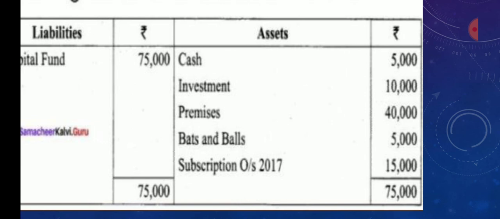So the total value for the asset side is 75,000, but the liability side has no value. The same value 75,000 represents both sides. The balancing figure 75,000 is known as opening capital fund.